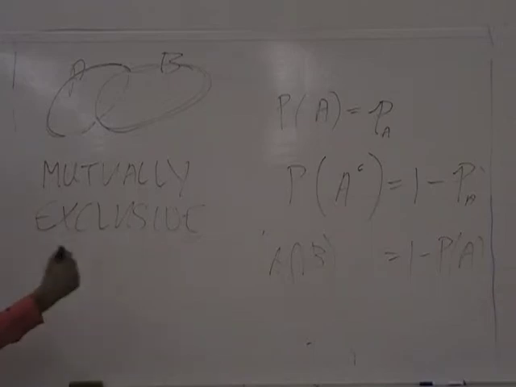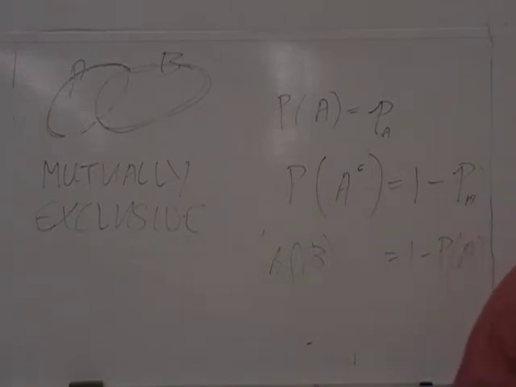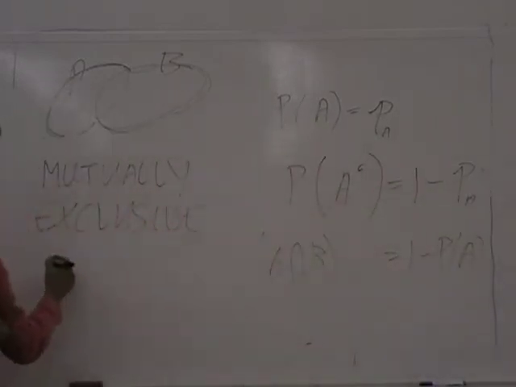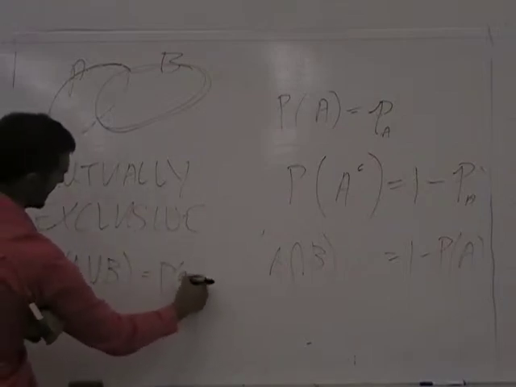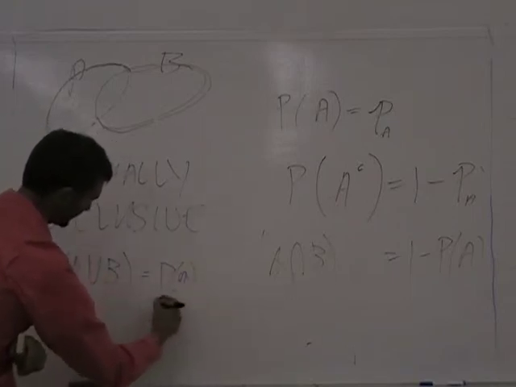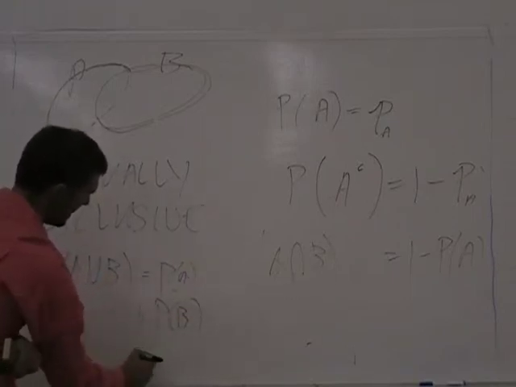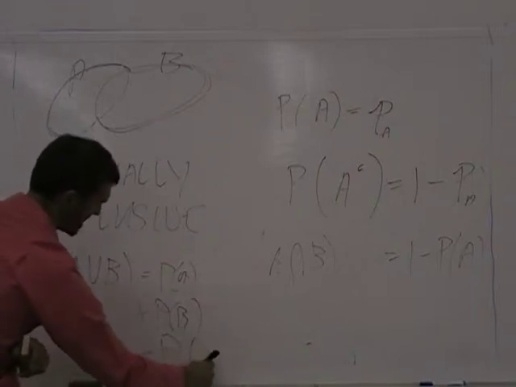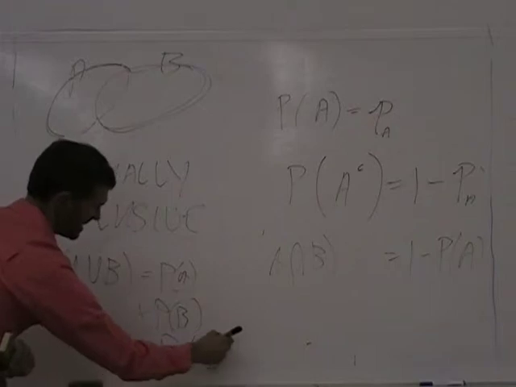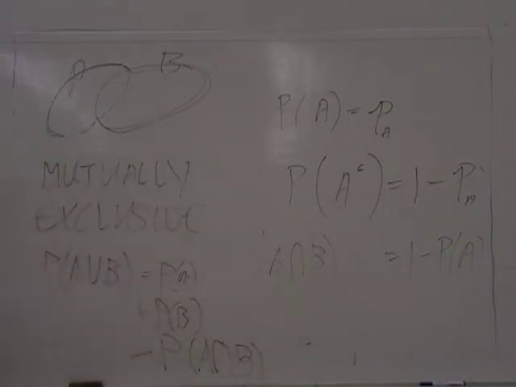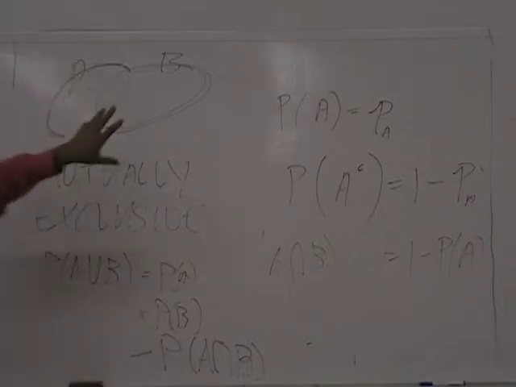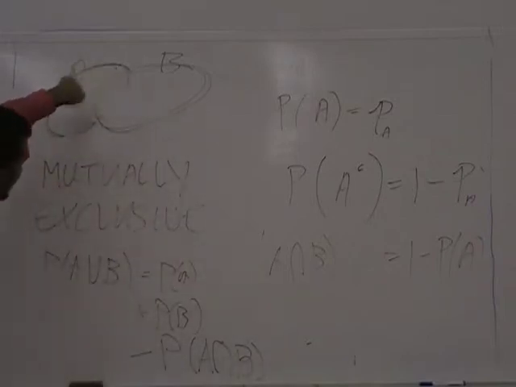The convenient mathematical definition is, did I do it with the union? Hold on. Probability of A union B equals probability A plus probability of B minus the probability of A intersect B. This is what we put before. The probability of the union is this plus this minus the double.